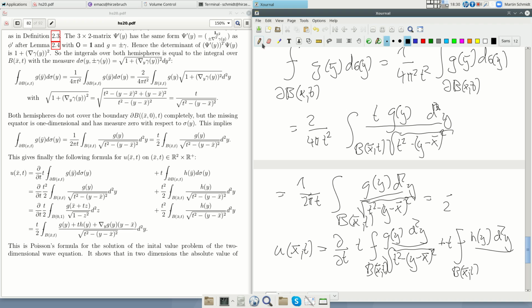So in the top we have a t, and now it's the mean over the two-dimensional ball of the square root of t square minus y minus x bar square. Okay, so we have this.